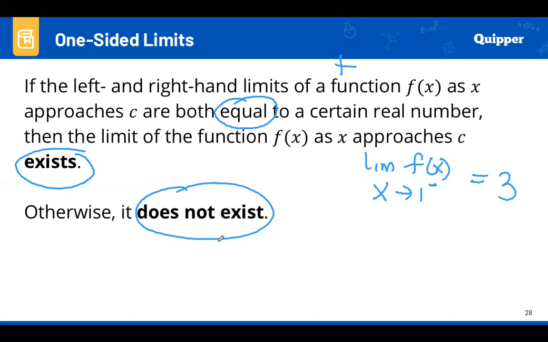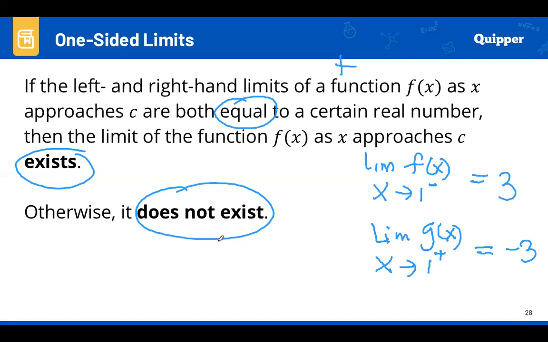And the limit of g of x, if x is approaching 1 from the right, and the answer is negative 3. Now, does the limit exist or not? Again, if they are the same, the limit exists.